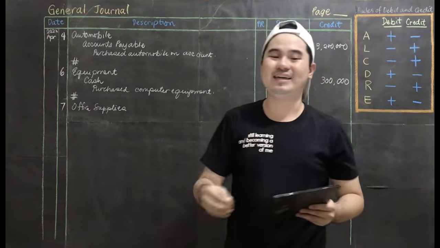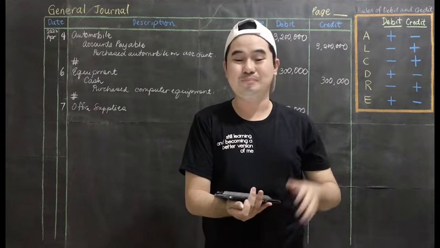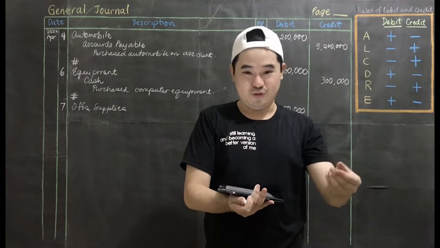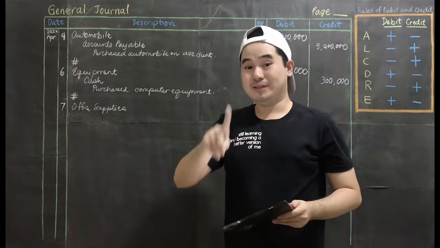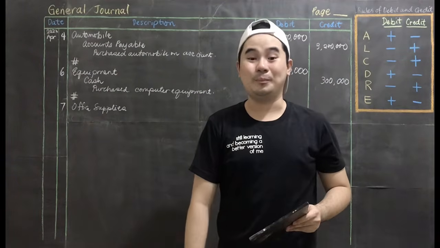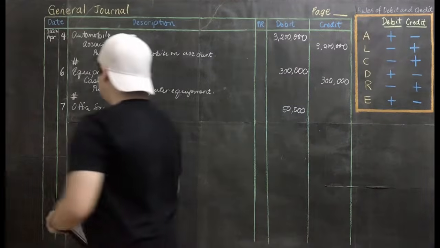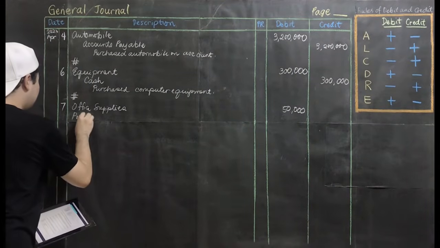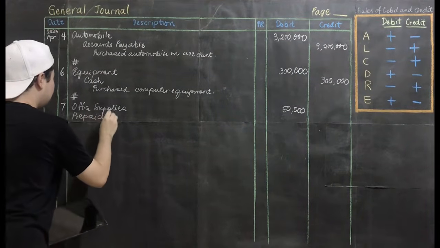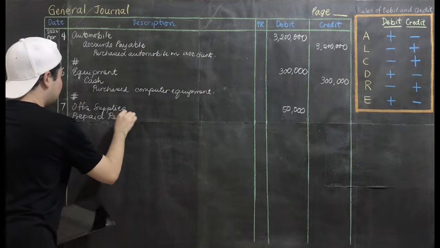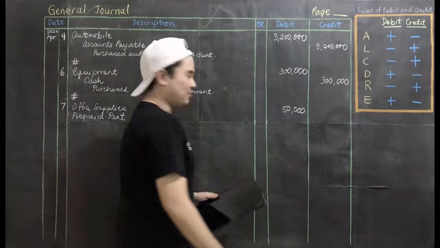Ang mahalaga ay equal yung amounts natin pag tinotal, debit versus credit. Okay, may isa pa tayong asset na i-record. So, lalagay ko dito, prepaid rent. Magkano? 150,000.